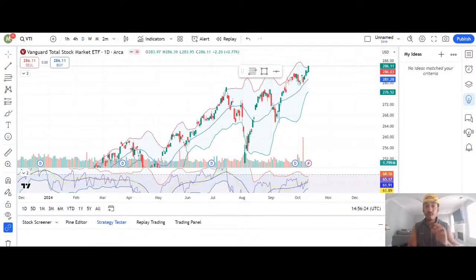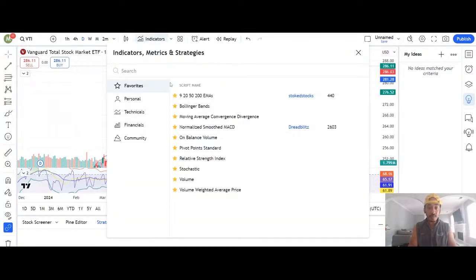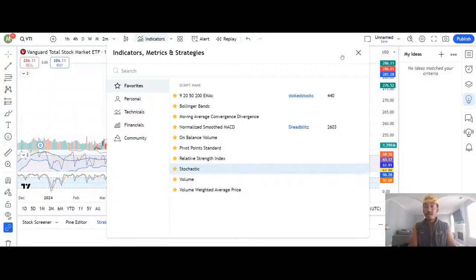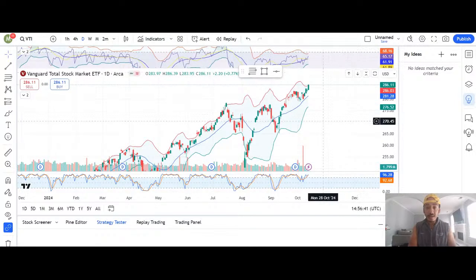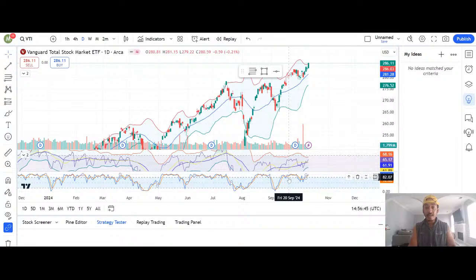And make sure you do your own due diligence. Look these indicators up for yourself. But now I'm gonna go over the next one, which is the stochastic oscillator. So the stochastic oscillator is this one down here at the bottom.